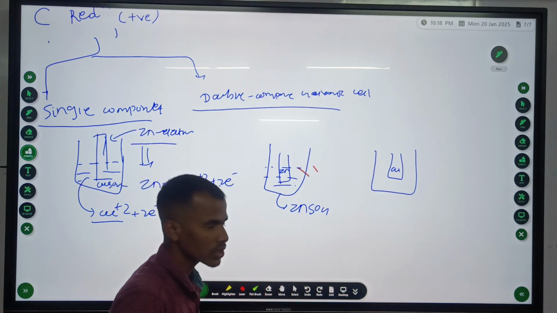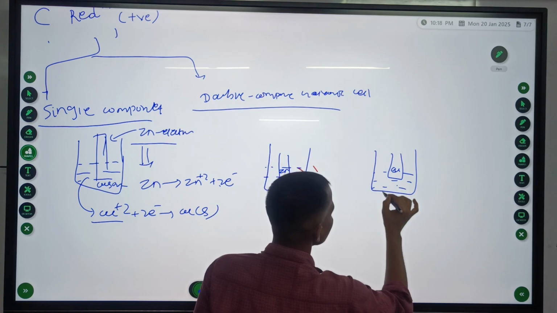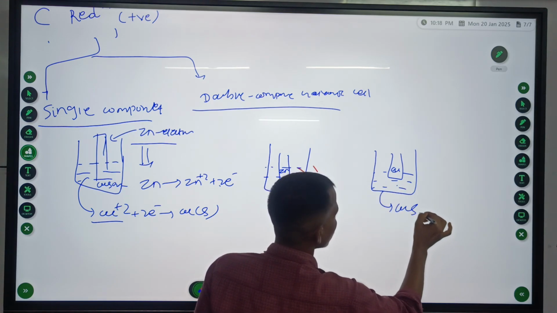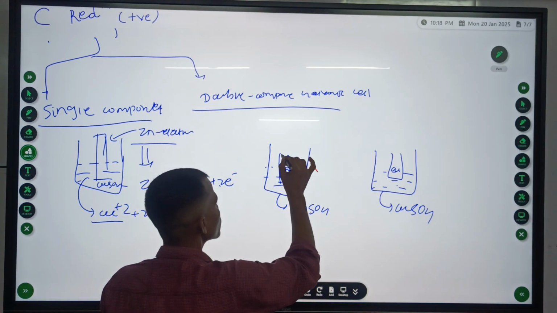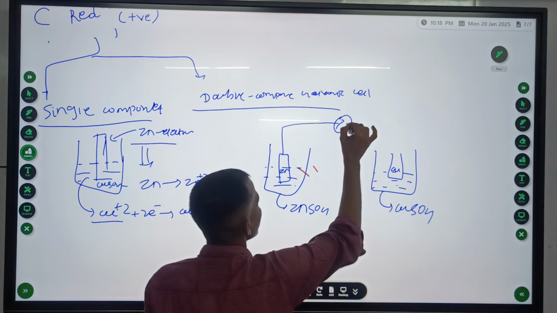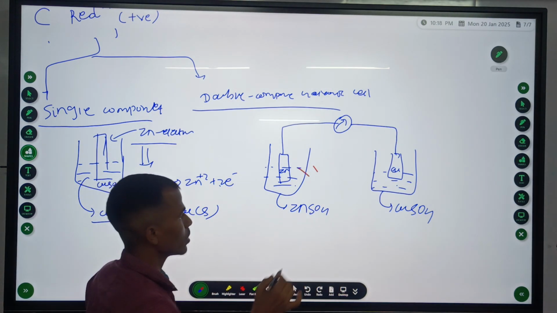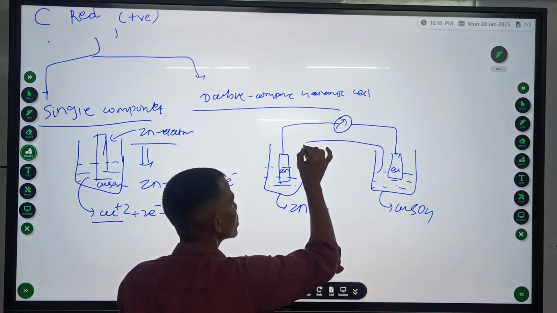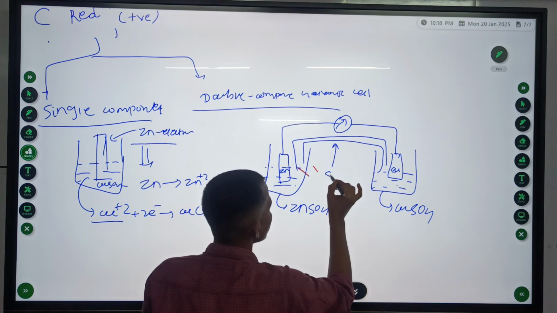Let's say the zinc electrode is in ZnSO4 and the copper electrode is dipped in copper sulfate, and these two are connected externally through a wire, and internally these are connected through a salt bridge.